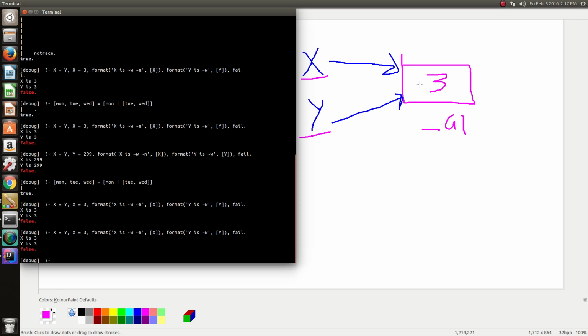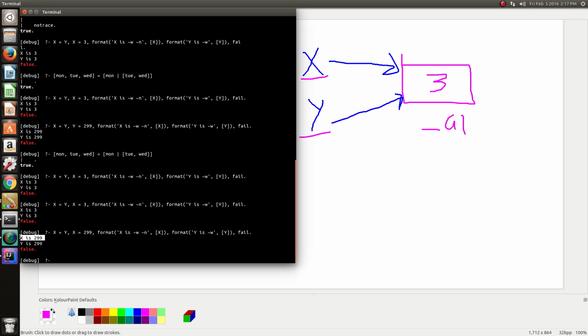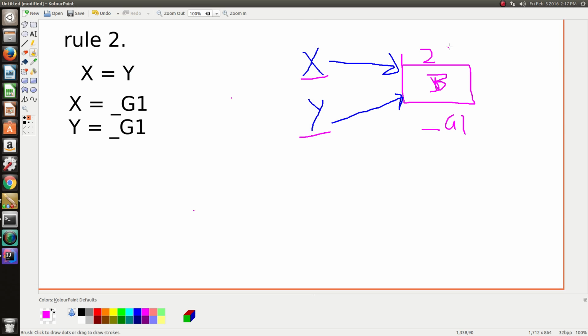But if I said Y was, I don't know, 299, then X will also see this value because it's being updated in G1. So whatever's in here, X and Y will both have.